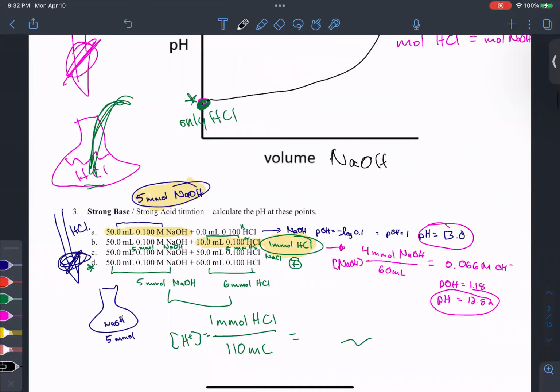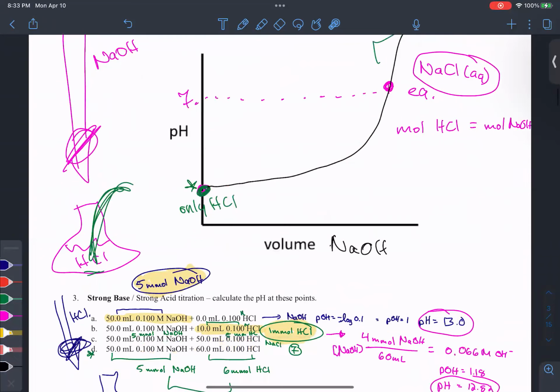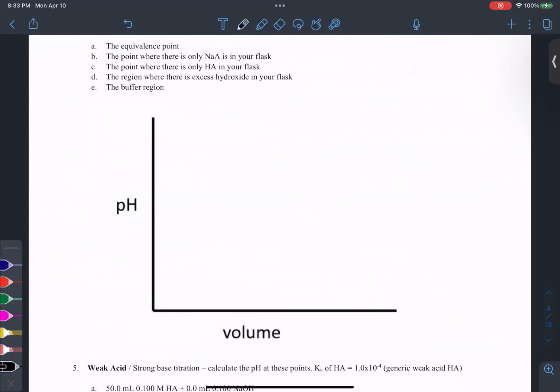See how I had to change my titration curve here, where the beginning didn't have a swoosh in it? See how it's just flat and gradually goes up? In a weak acid titration curve, there's always a swoosh at the beginning, and then the buffer region, and then the equivalence point.